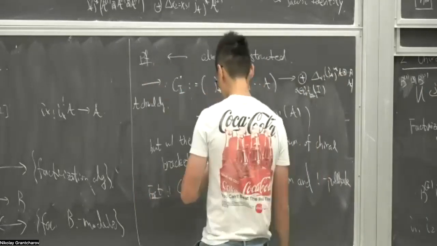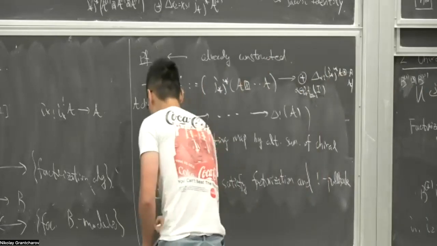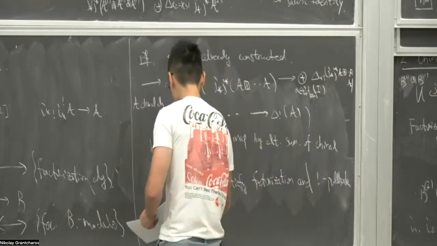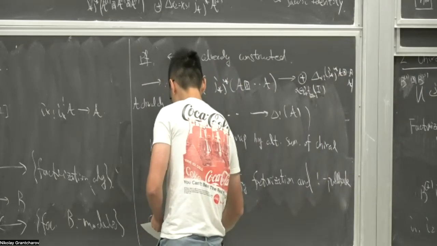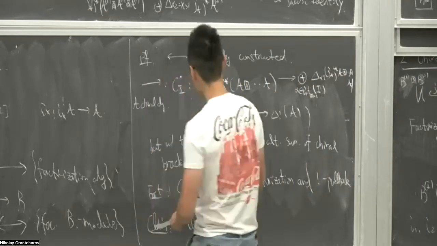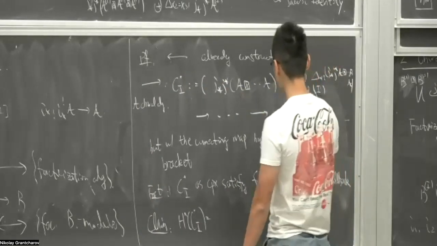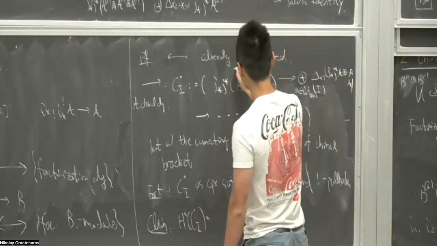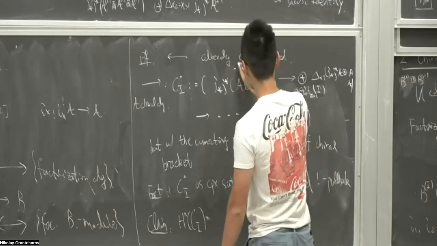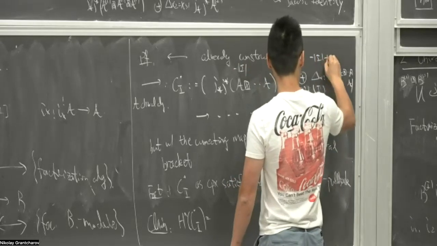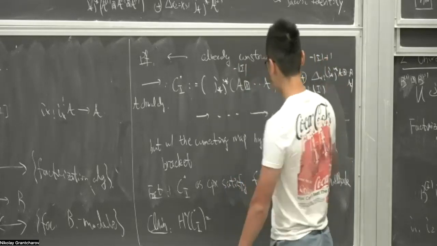In the other direction. And so the claim I want to prove is about the cohomology. The cohomology is concentrated in degree here. Let me give it a name. Let's say this is minus n, so minus I, and it's degree 2.